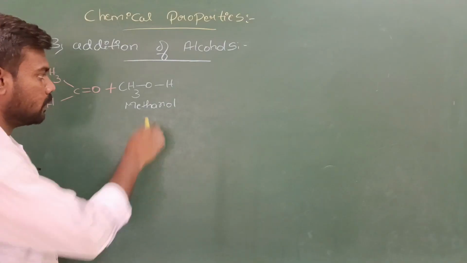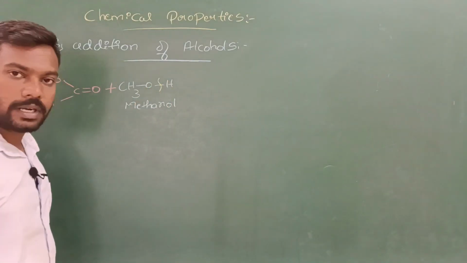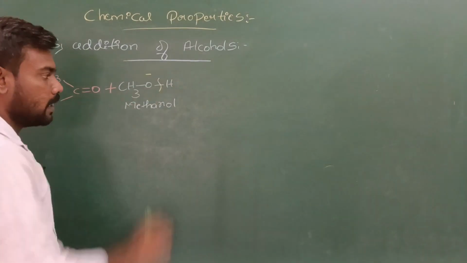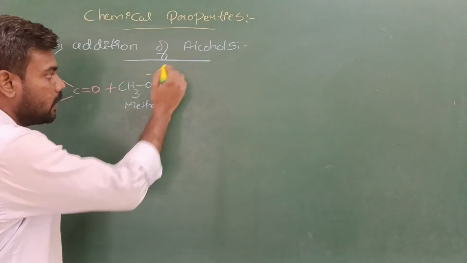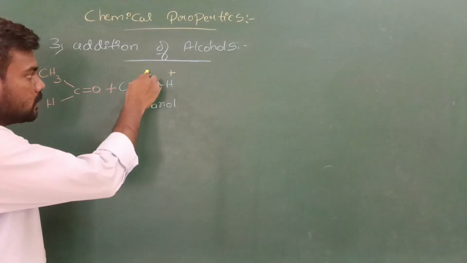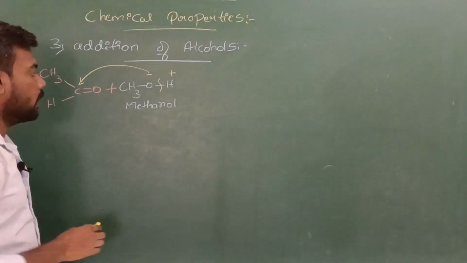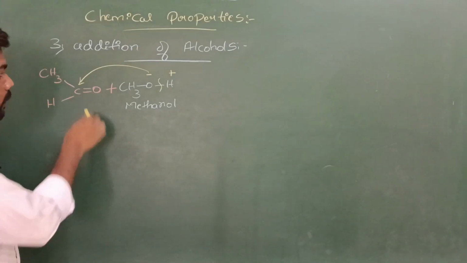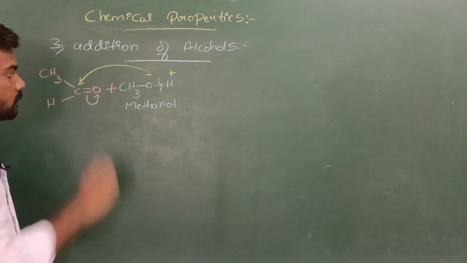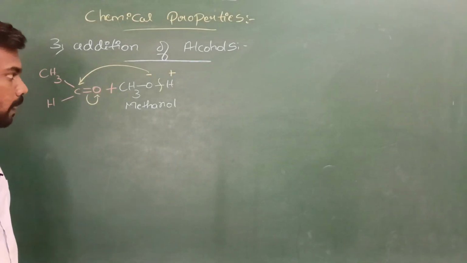Clear? Next, the bond between the oxygen atom and the hydrogen atom will break. The oxygen atom will carry negative charge, hydrogen atom will carry positive charge. This methoxide ion attacks the electropositive carbon atom and the electron shifts towards the oxygen atom.